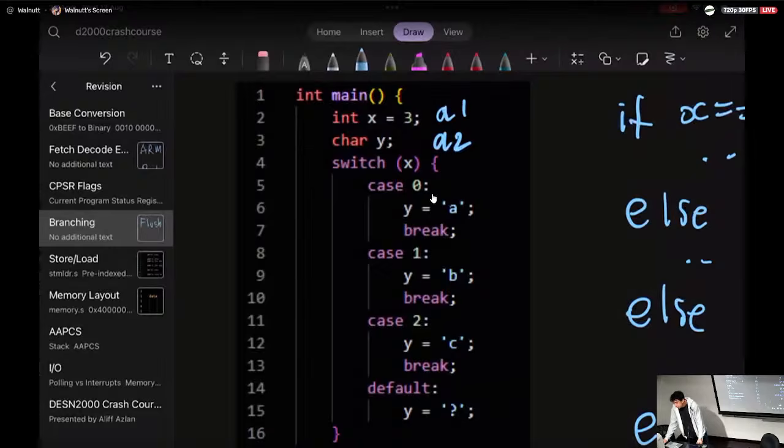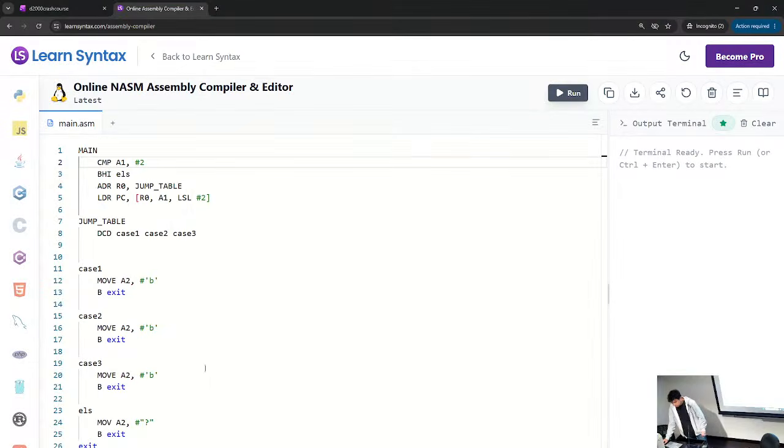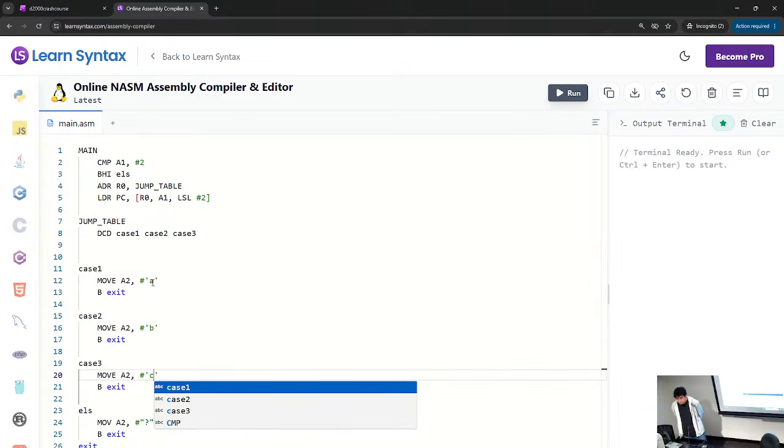So you can see when x is 0, we want A. If x is 1, we want B. And if x is 2, we want C. Else, we want Y to be a question mark. And that is what we've got going on here. Does that make sense to everyone? I feel like it was kind of rushed. Yes?